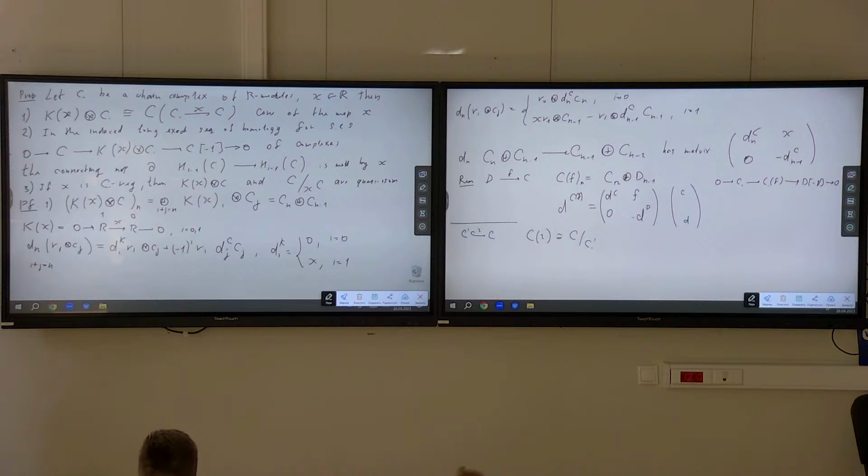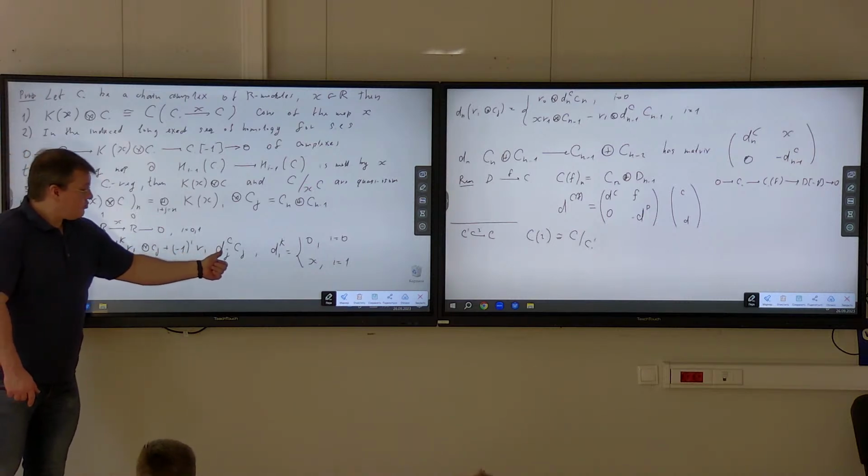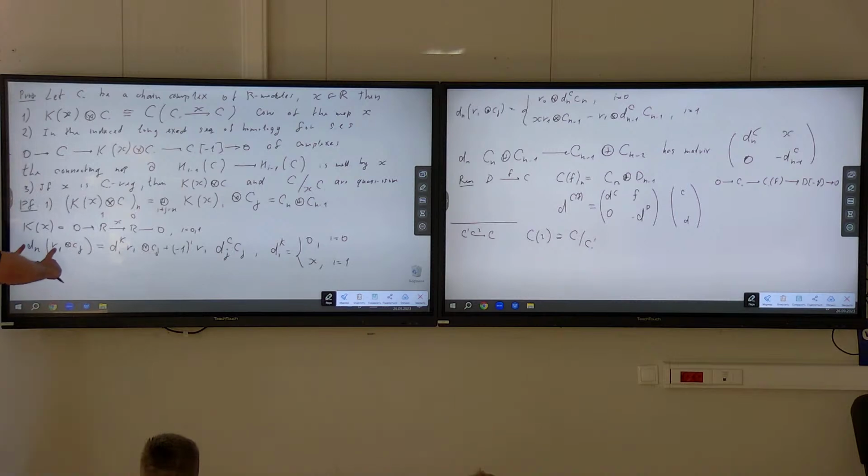Here we have a map, and here we have an element, right? So whenever I apply D to C, I kind of switch them around. D has degree -1, so it's not important. What's important is just the degree of this element, hence this additional sign. That is, if we don't do this, we won't get a complex in the end. We should put the sign.